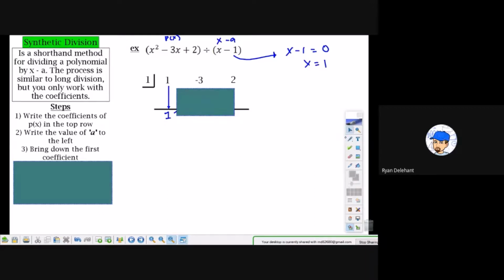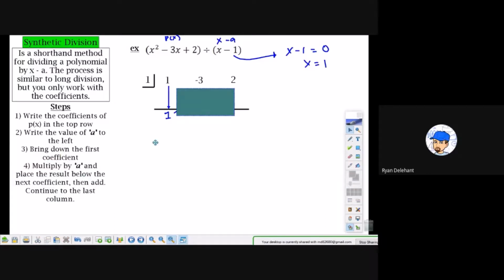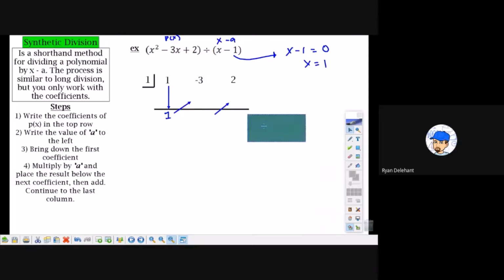And then to work our way to the end, what we do is we multiply a, and remember a is up here, we multiply a by this number, and we write this below the negative 3. So what is 1 times 1? So we write 1. And then it says to add.